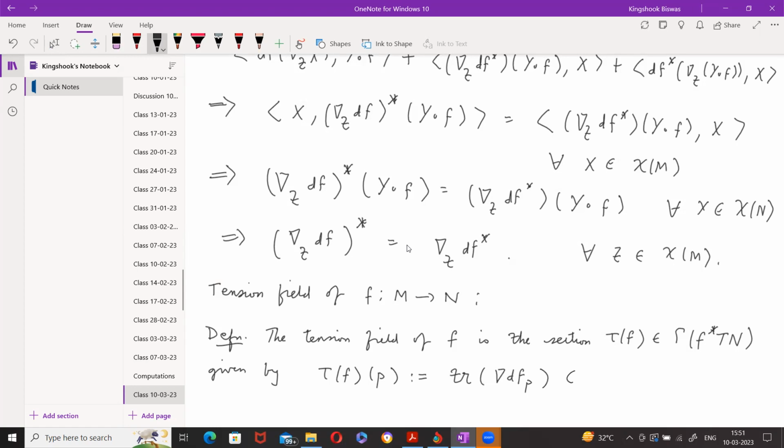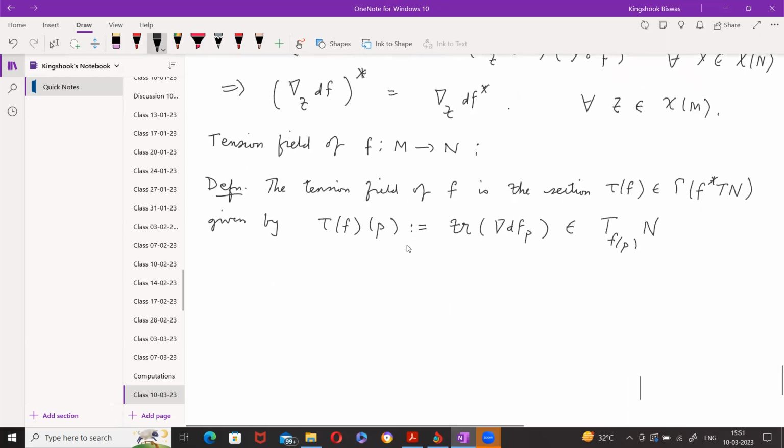So this is an element of what? T_{f(p)}N. So this is a vector field along f, okay? Is this clear? So explicitly, what is this?